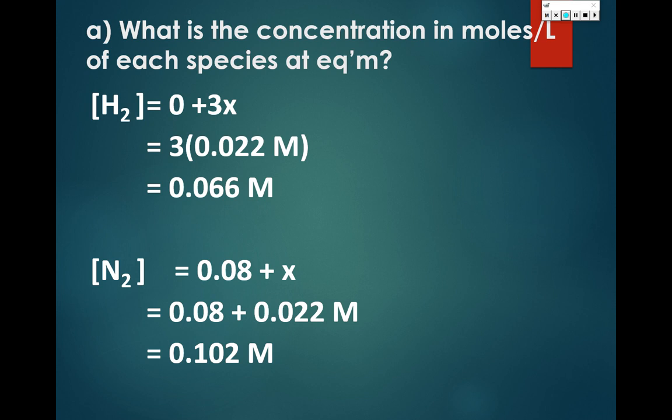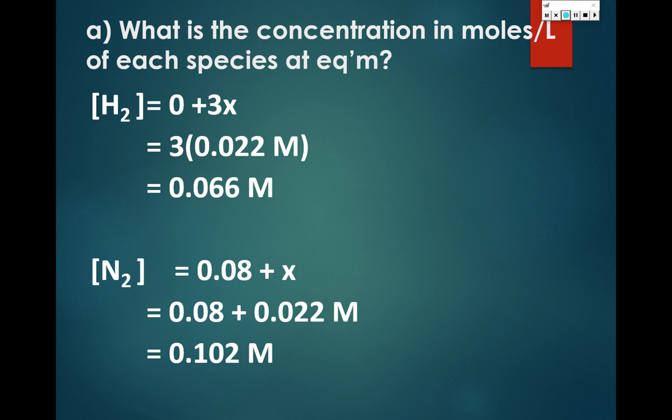Okay, so B says to find the moles. So we're going to change it back into moles. You don't always have to do this, but just in case you do, I'm just going to show you. So if C is n over V, then moles is C times V. Sometimes it'll say moles, like how many moles at equilibrium.